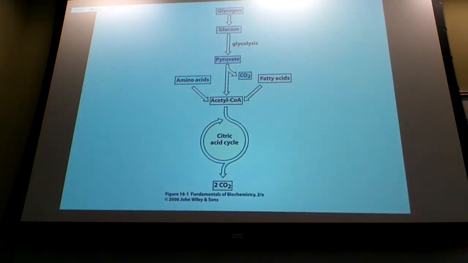So pyruvate has to be converted to acetyl coenzyme A first, and then that is what enters the citric acid cycle. And then once we've done the whole citric acid cycle and oxidative phosphorylation, we will go back and talk about how fatty acids feed into this, and how amino acids feed into this. Okay, so that's what we're going for.